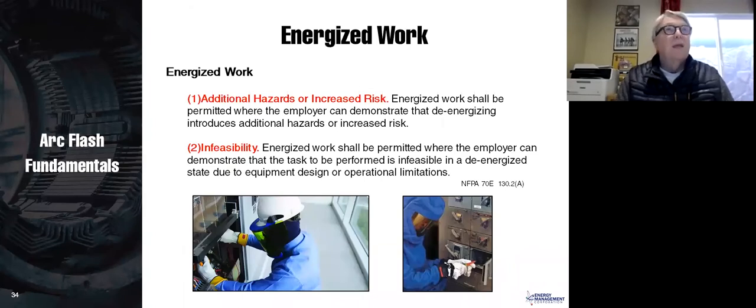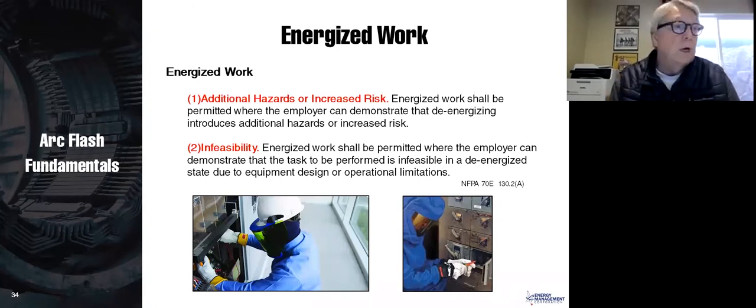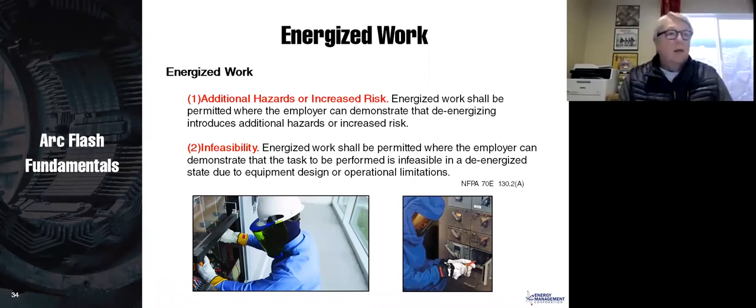Energized work. Can you work energized? Because we just said that you can't. We just said that in order to work energized, you must lock and tag out that piece of equipment. Well, it turns out there are two and only two situations in which you are allowed to work energized. First is additional hazards or increased risk. An example of this might be a hospital emergency room.